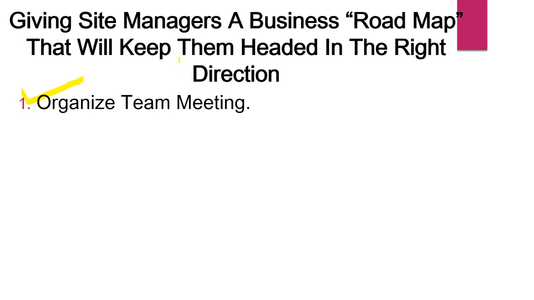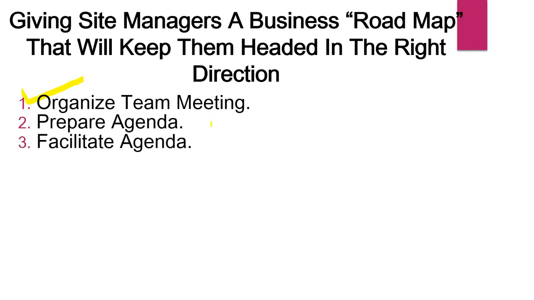You gave the plan, you gave the steps, you gave everything, and what is he or she doing? Whether he is following it or not. To know that, you need to organize a team meeting and prepare an agenda. There should definitely be an agenda for that particular meeting, and then facilitate the agenda.